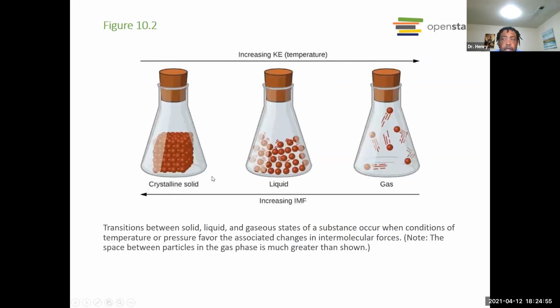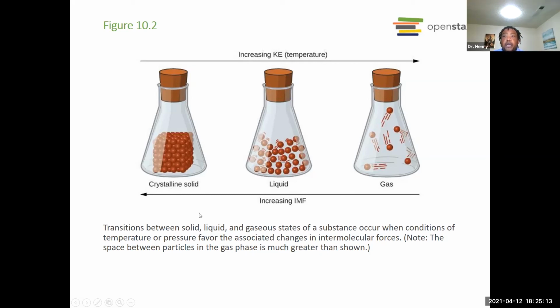So this is just basically showing you that. As kinetic energy increases, we go from a solid to a liquid, and if we increase it some more, we go from a liquid to a gas.